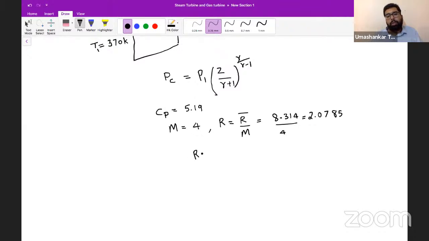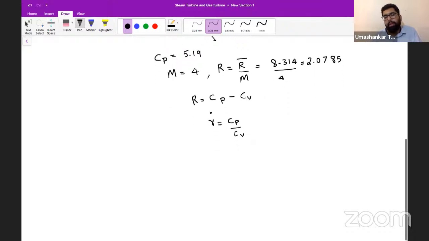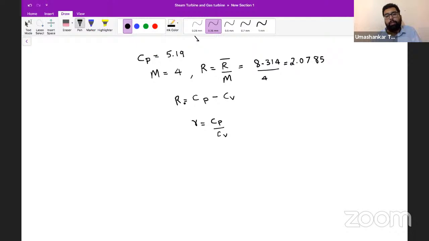We know that R is equal to Cp minus Cv. This equation we know from basic classical thermodynamics, which was already in the syllabus. We also know that gamma is equal to Cp by Cv. If we have R and Cp, we can find Cv.